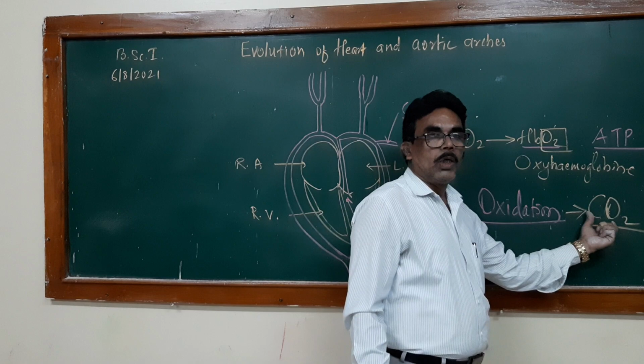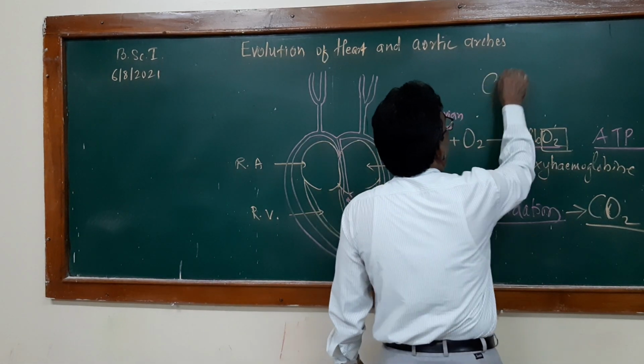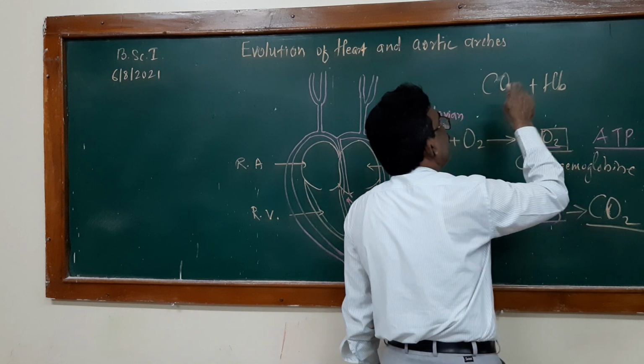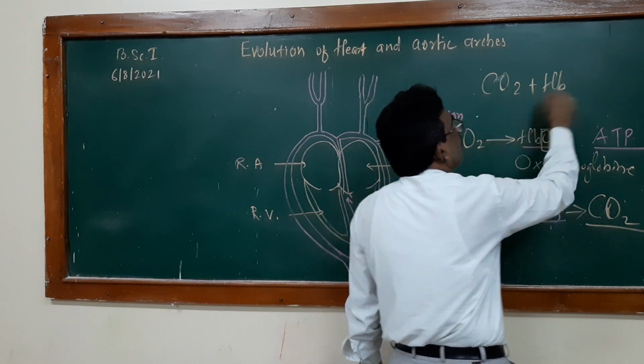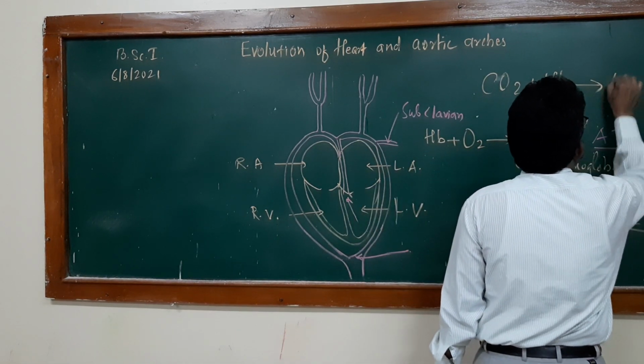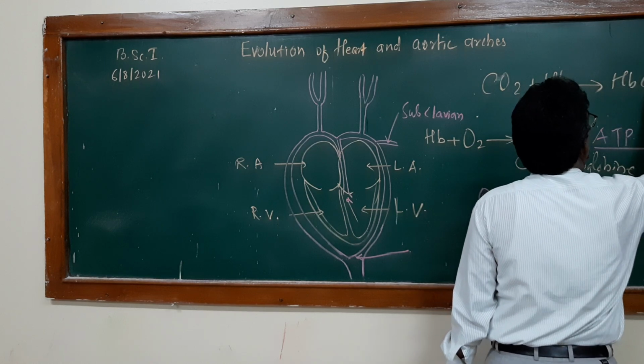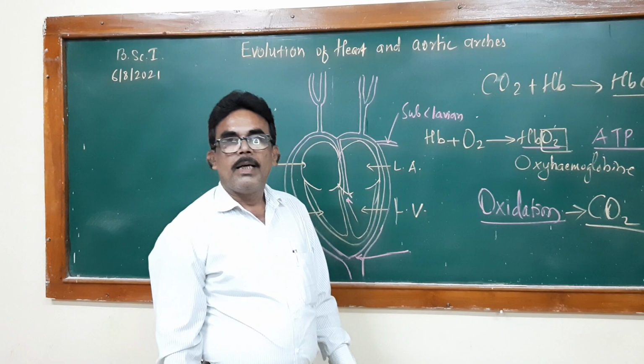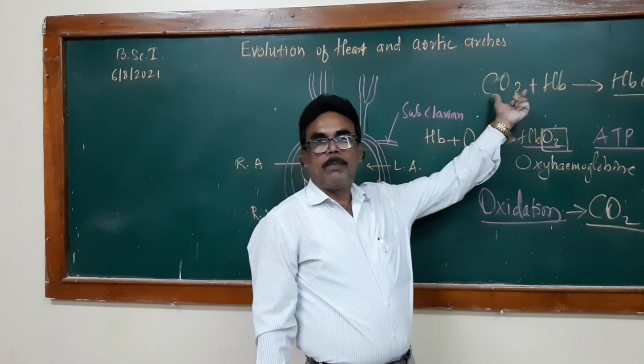So that CO2 combines with Hb, or Hb combines with CO2, and there will be formation of HbCO2, that is carboxyhemoglobin, and this is nothing but the impure blood.